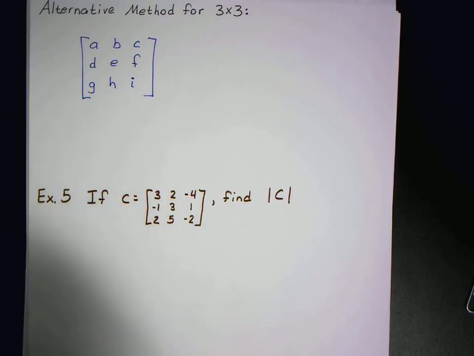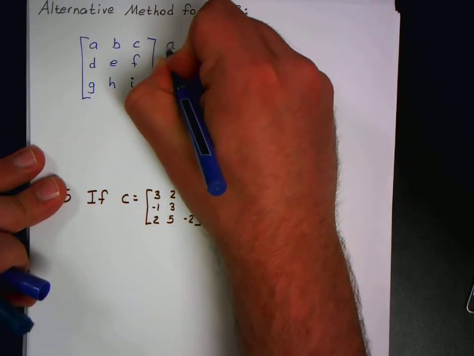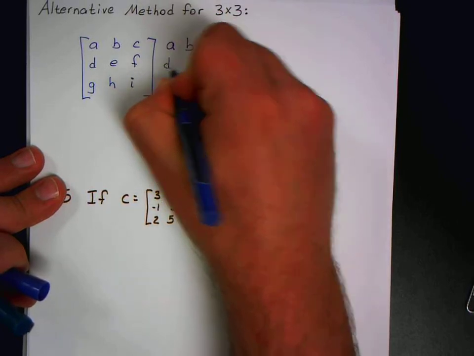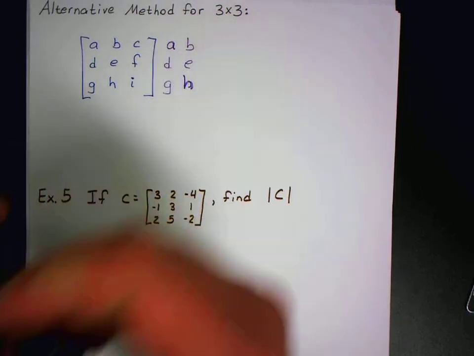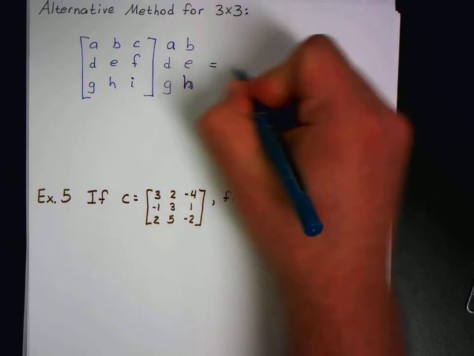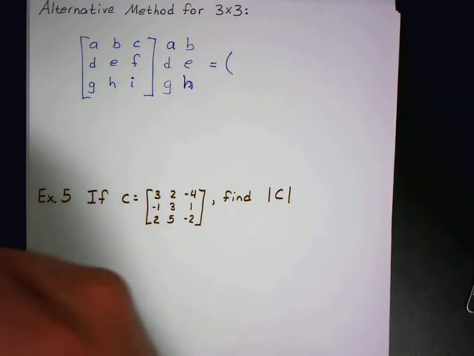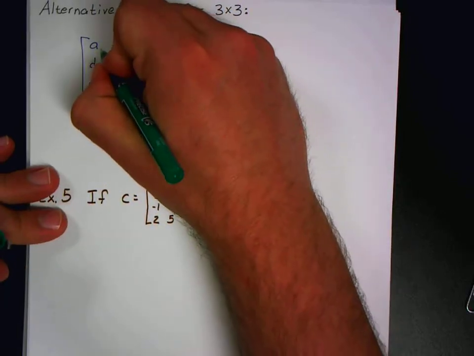Okay, what you do is you take the first two columns and you copy them down again. Then when we do this, we're going to make two things. We're going to multiply in this direction.